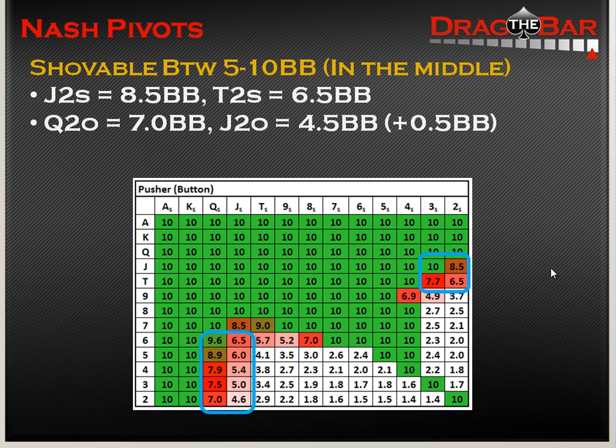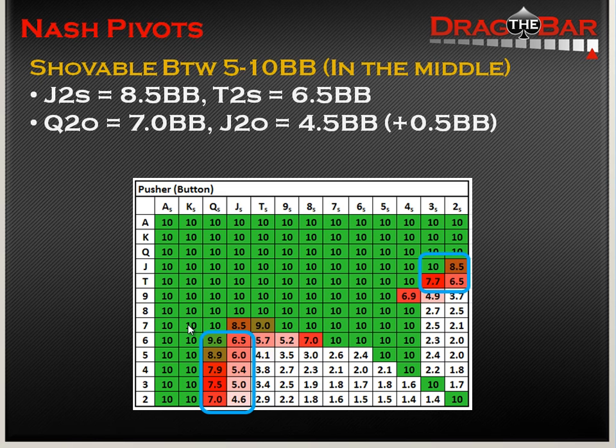And again, we can determine the endpoints for the offsuit Queen 2, which is 7, and then Jack 2, which is about 4.5 here. And we can do the same kind of maneuvering by remembering that any offsuit 7 is going to be about 10 big blinds.